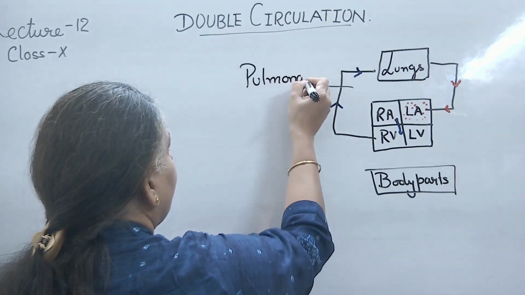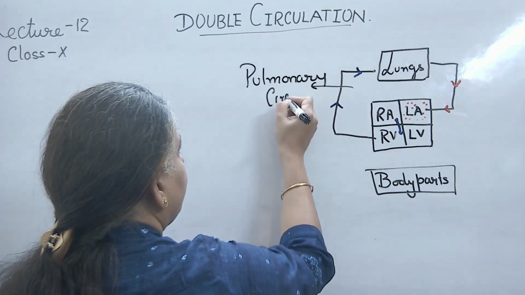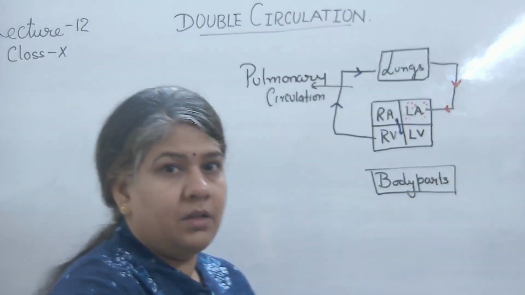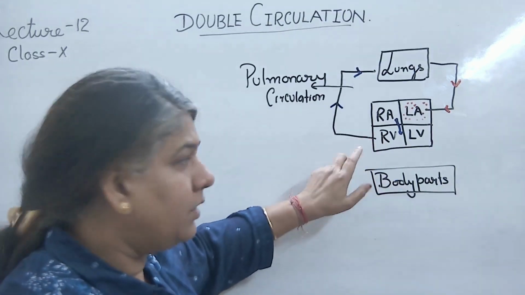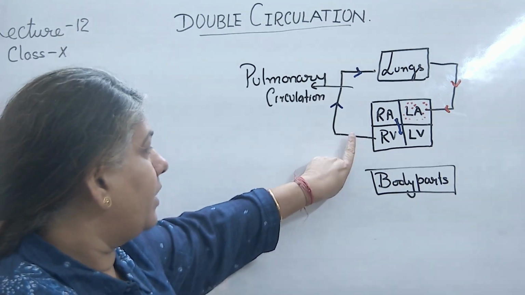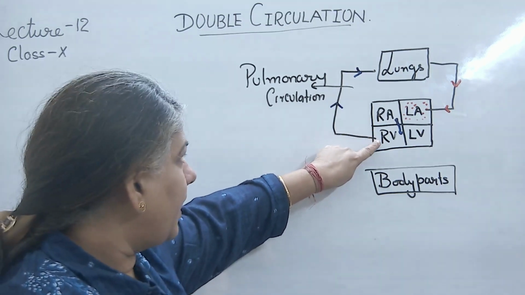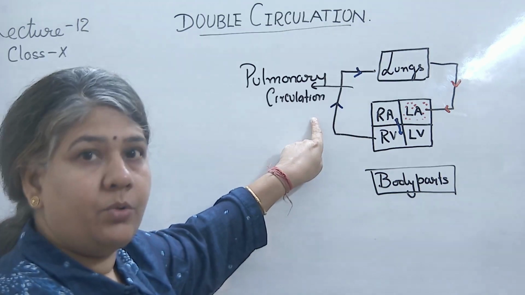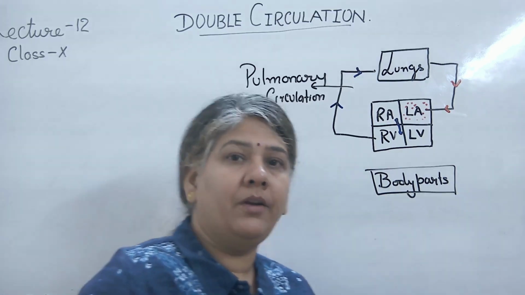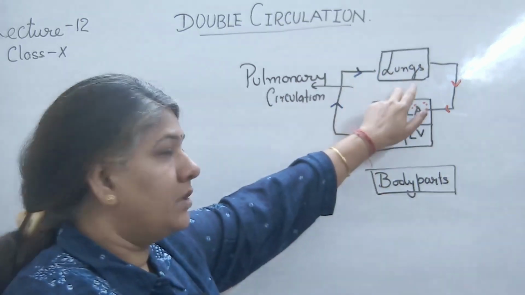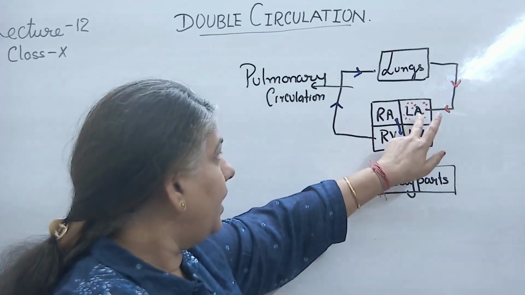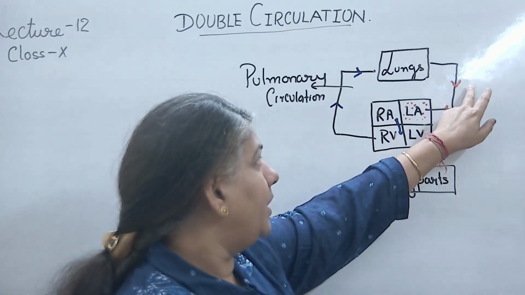So you can begin writing about pulmonary circulation from the right ventricle. From the right ventricle, the blood is pumped into the pulmonary artery, which divides into two and goes into respective lungs, where oxygenation takes place, and oxygenated blood is returned to the heart in the left atrium through pulmonary vein.